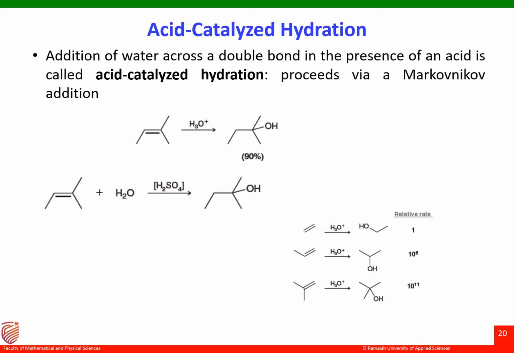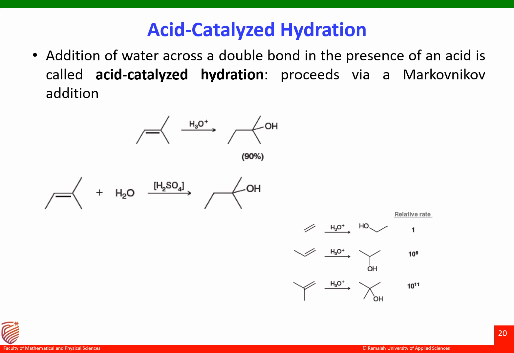When it is a simple alkene, the relative rate is 1, but as I go on increasing the substitution at one of the carbons of the alkene, the rate of the reaction drastically increases. That is, with each additional alkyl group, the reaction rate increases by many orders of magnitude. The OH group is installed at the most substituted position.